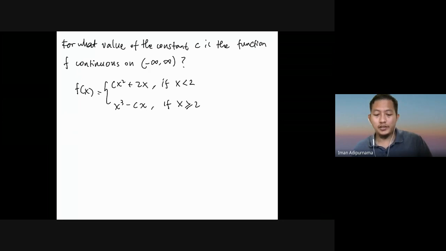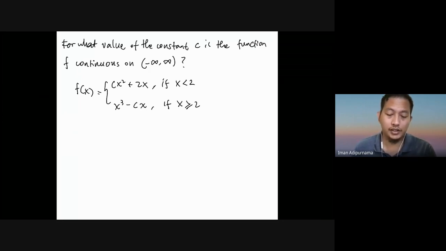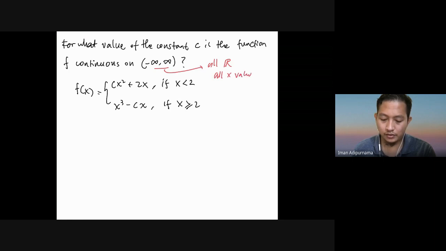For what value of the constant c is the function f continuous on all real numbers or all intervals? This means all real numbers or all x values.